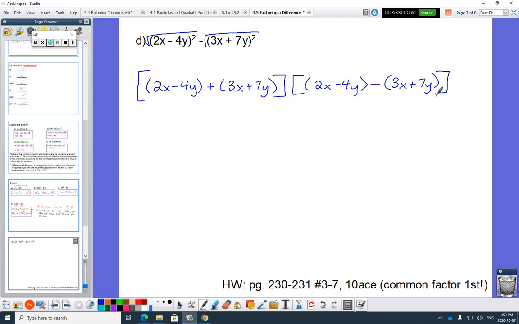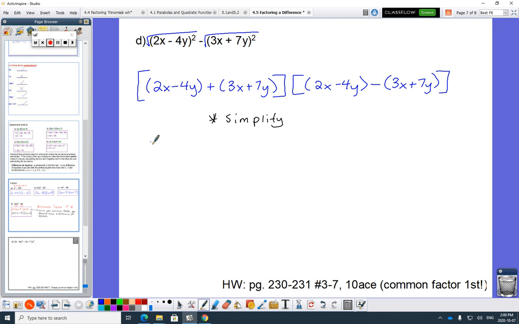So now this question, even though it looks ugly, when you have something that has like terms, you can't just leave it like this, right? So you have to simplify. So you just really have to be careful of your algebra. So here we have 2x plus 3x.